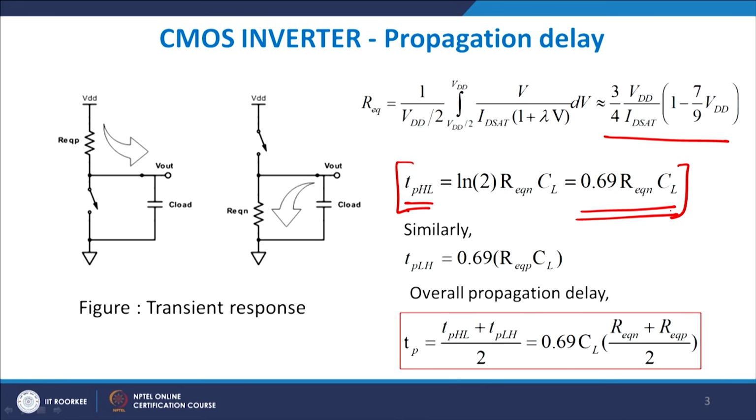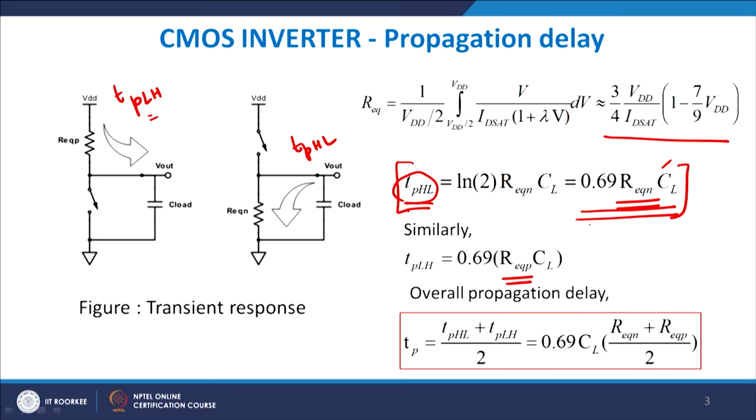Similarly, tPLH is basically the propagation delay where the output is going from low to high. So this is low to high, and this is tPHL, high to low. tPHL will have R equivalent N, whereas tPLH will have R equivalent P as the value here.